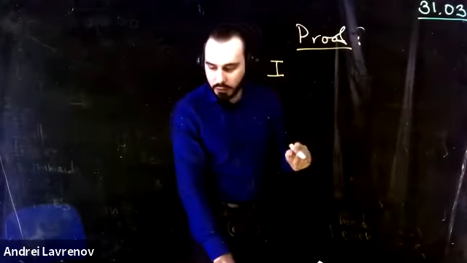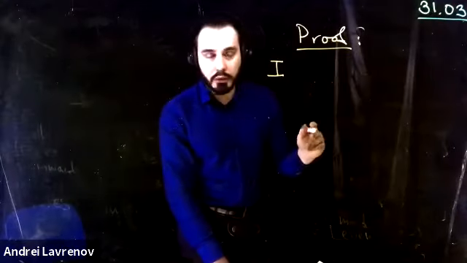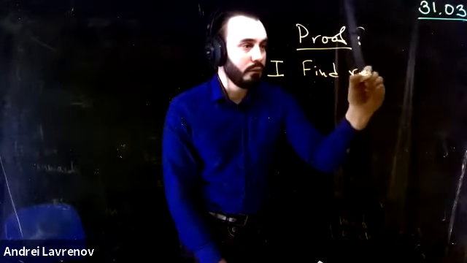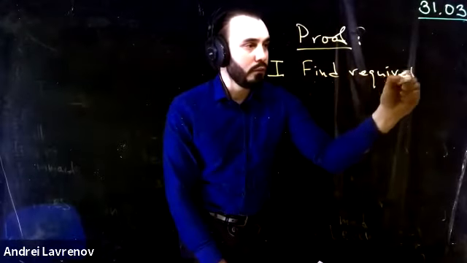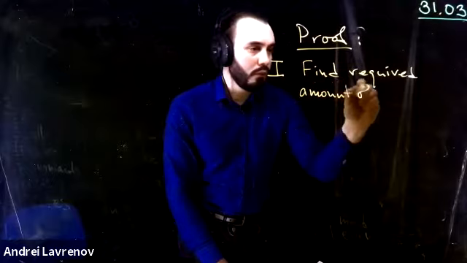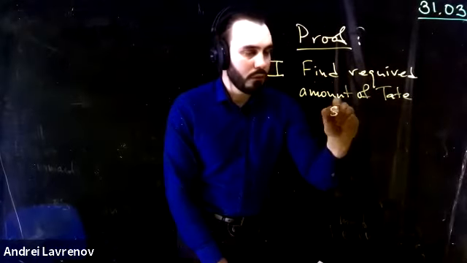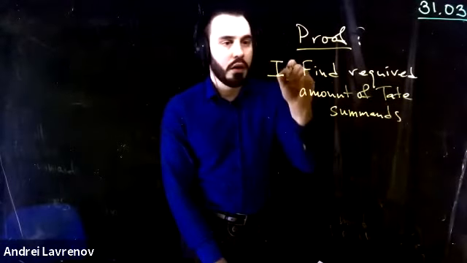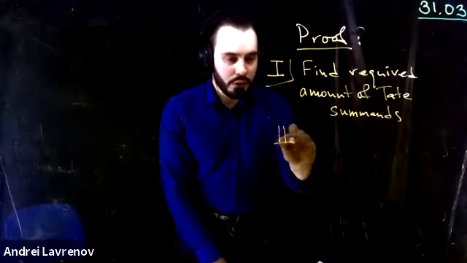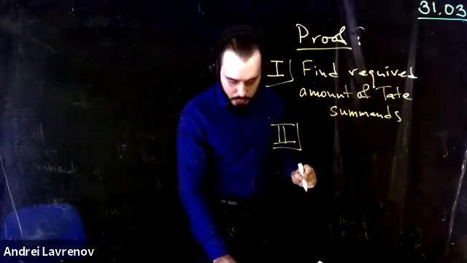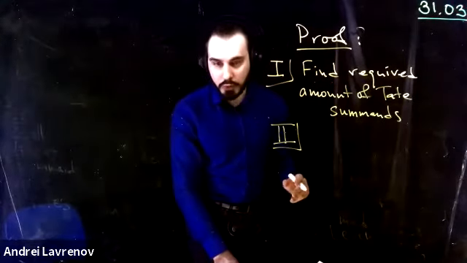First is just to find the required amount of Tate summands. And the second one is to prove that the motive has an indecomposable summand of big rank.